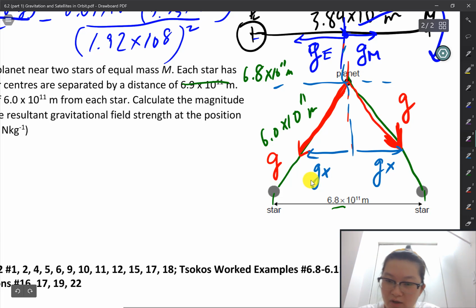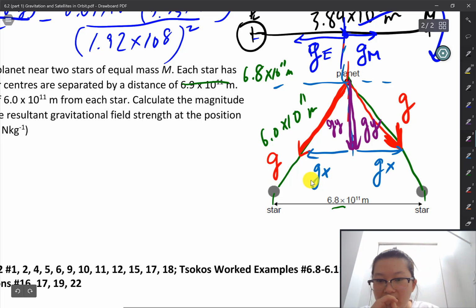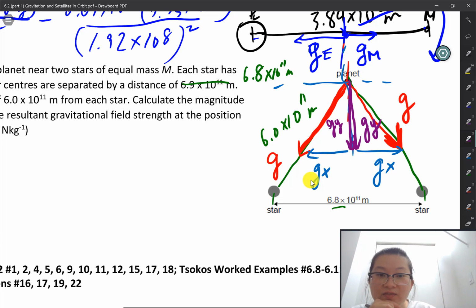Which means what we really care about is the vertical component of both g's. So I'll call that gy, and I'm also going to get another gy from the other star. The idea now is to find the gy component.